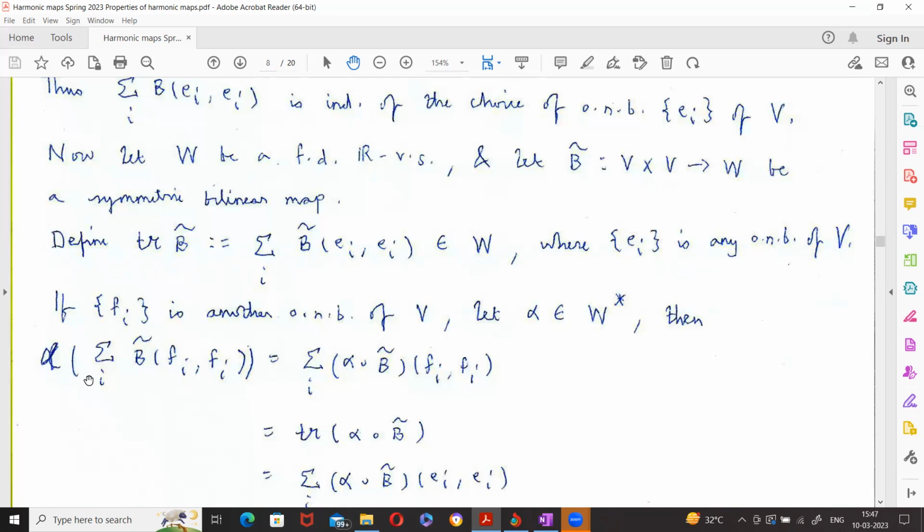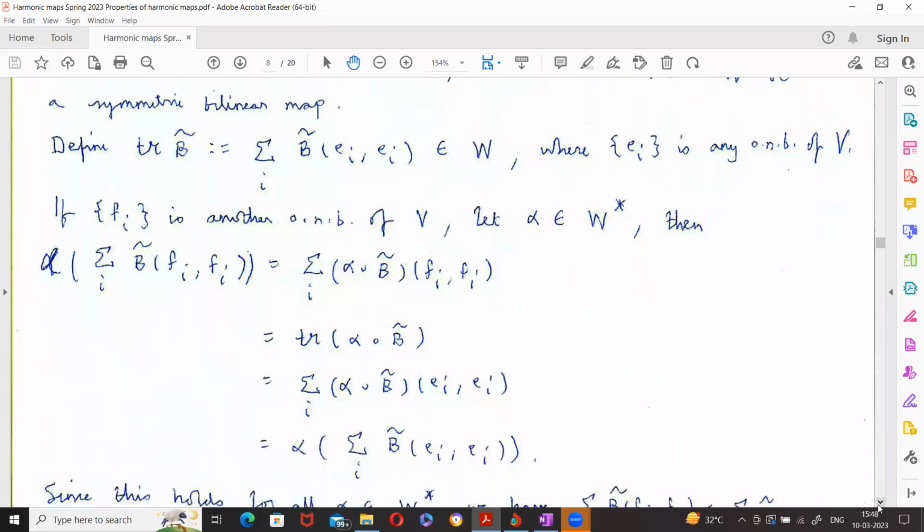Then if I look at alpha applied to the sum over i of B tilde of f_i, by linearity, this is the sum over i of alpha composed with B tilde of f_i comma f_i. But now alpha composed with B tilde is a scalar bilinear map, a bilinear function. So the sum over f_i for this is by definition the trace of alpha composed with B tilde.